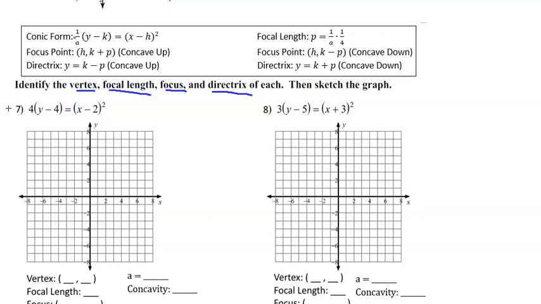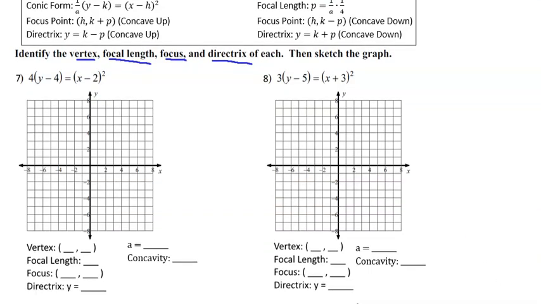We're given the conic form. The conic form is 1 over a parentheses y minus k equals parentheses x minus h squared. So to find the vertex, you just get h, which is 2, and k, which is 4.